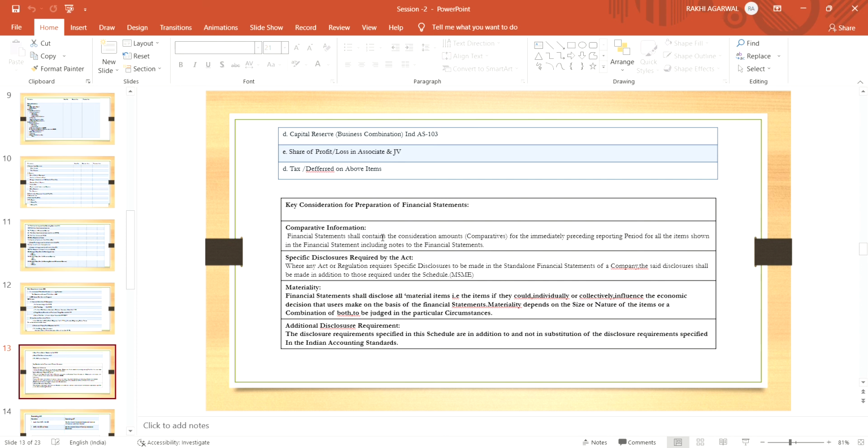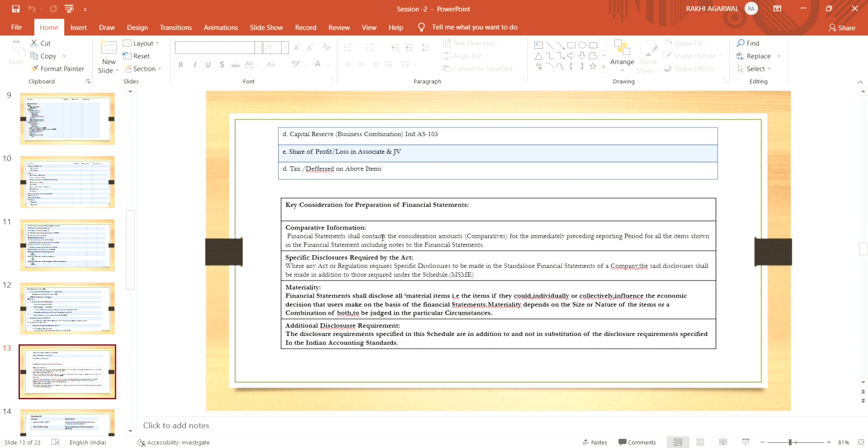So, if any disclosure is required as per the act, any act like any Companies Act or any other act, it should be disclosed here. Like if MSME act says that any specific disclosure is required by MSME act or any Companies Act, then we will disclose it.